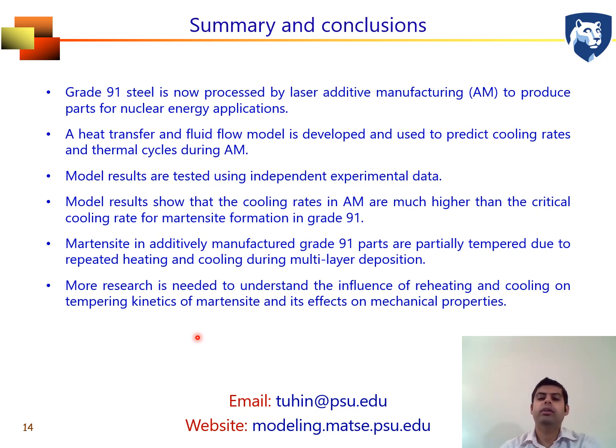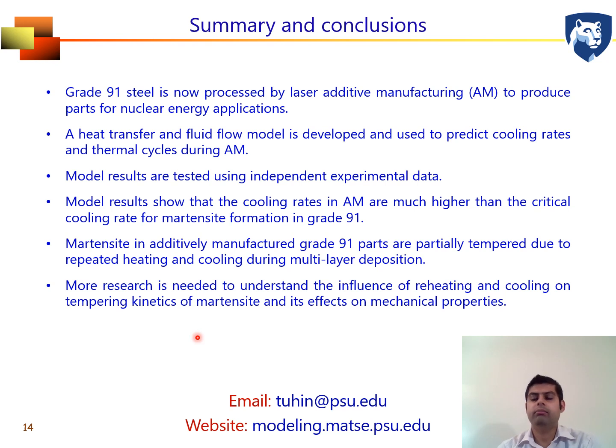We saw that the computed cooling rates during DED of grade 91 steel are much higher than the critical cooling rate of martensite formation. This is very much expected because grade 91 steel is a martensitic steel. It should contain martensite in the part.